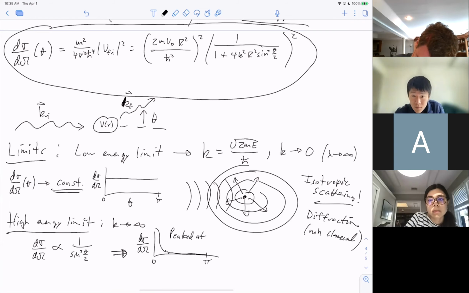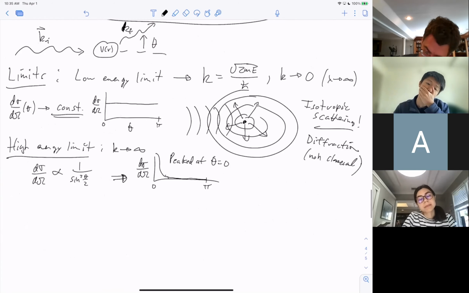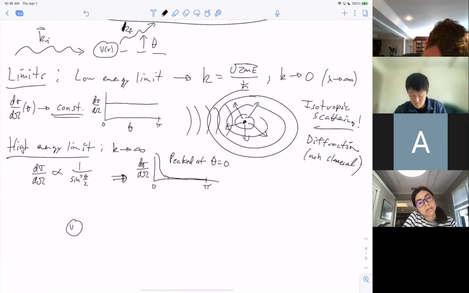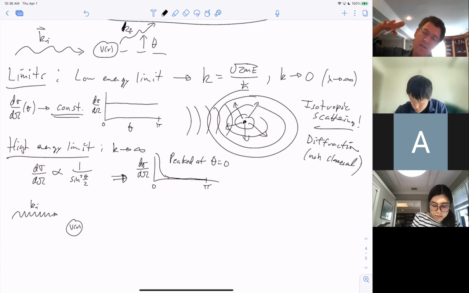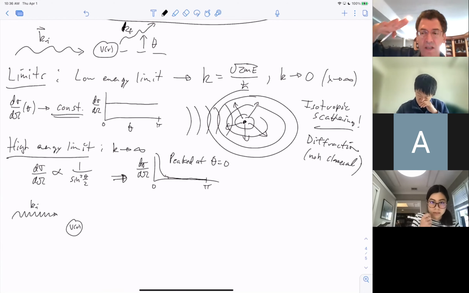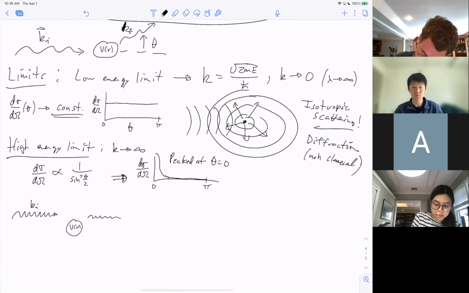at theta equals 0. And that makes sense, because what does it mean to be peaked at 0? It means that I have a potential and I shoot my wave at it, high energy wave, short wavelength, k initial, and it tells me that the highest probability is that my particle goes in the theta equals 0 direction, which is this, k final.